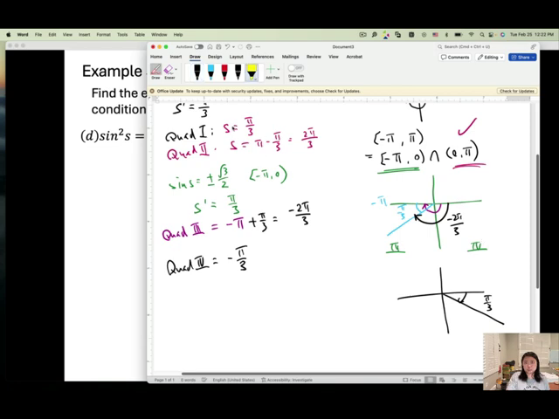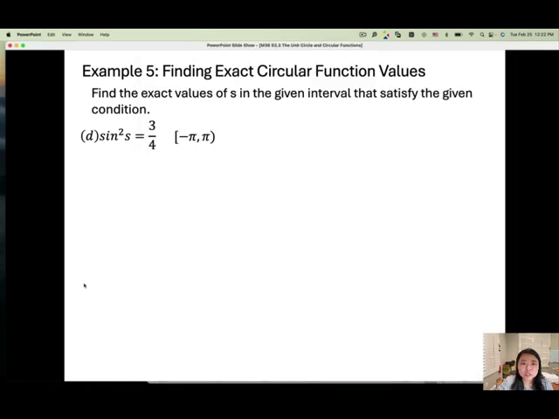Okay, so you do have 4 answers: first one, second one, third one, and then the fourth one. Make sure you say s equal to. Okay, s equal to negative pi over 3 here. Okay, check your work.